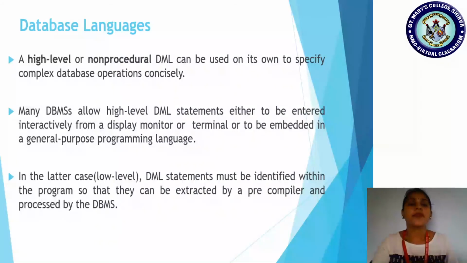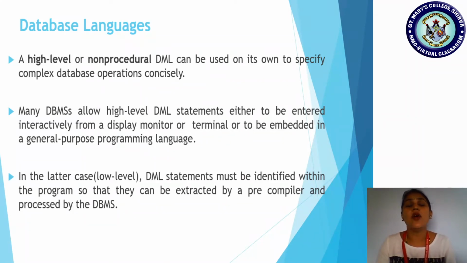Remember it. Okay, now let us discuss the first category, the high level or non-procedural data manipulation language. Why the term high level or non-procedural? It can be used on its own to specify complex database operations concisely.